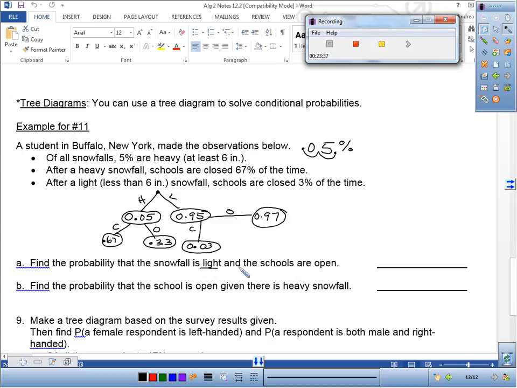So light, and the word and in probability means to multiply. So we want to multiply the probability of being light, which is 0.95, times the probability that the schools are open. And schools are open 0.97.